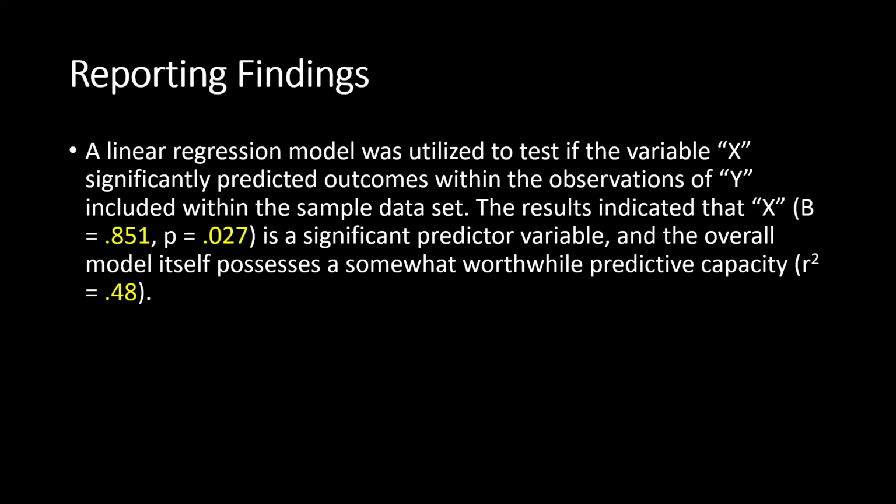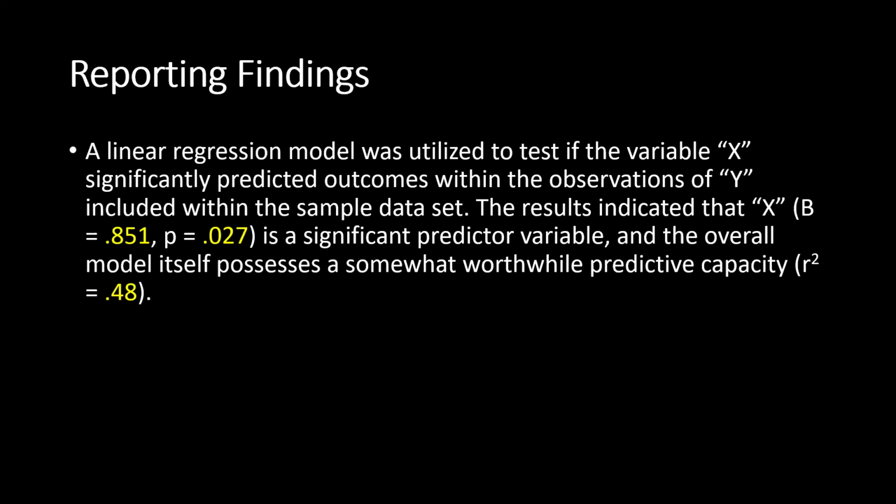Now, typically you'd prefer an R squared value above 0.5, but really it depends on the circumstances, what it is you're modeling, and what you're looking to achieve with the model. But sort of rule of thumb as it pertains to Stat 101 courses is you want to have a predictive capacity greater than 0.50.